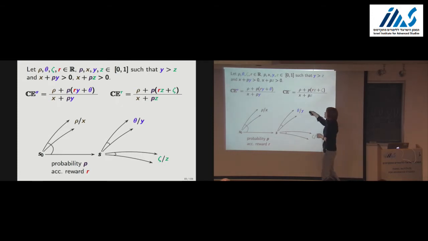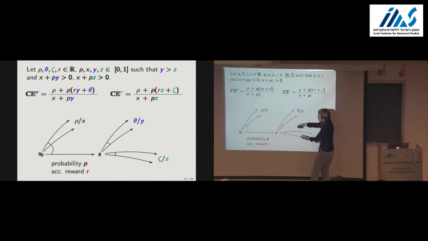Now the conditional expectations for these schedulers, take this branch or this branch, are given by these values here. So X means the probability to reach the goal along some other paths that do not go through this configuration S,R. And rho is the corresponding partial expectation. Then this P is the probability to reach S with reward R. This is this factor here on both sides.